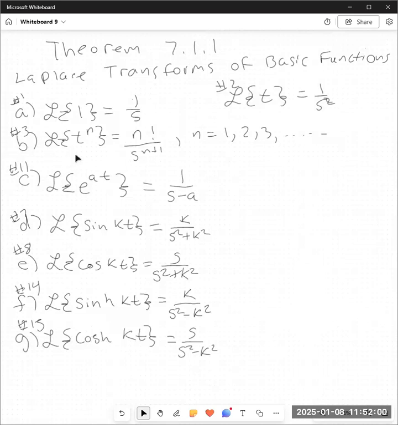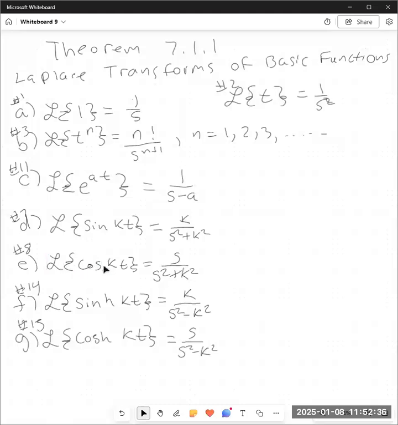So next one here, part C of theorem 7.1.1, the Laplace transform of an exponential function in the form of e to the at is equal to 1 over s minus a. Then we have part D, the Laplace transform of sine of kt is going to be equal to k in the numerator, s squared plus k squared in the denominator.